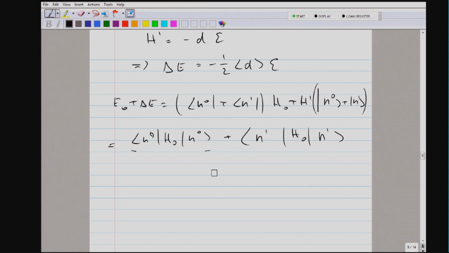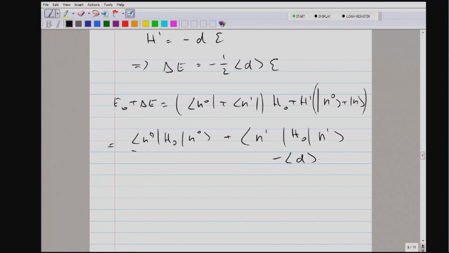So this is the part due to H naught, and the part due to H prime is simply the dipole moment times the electric field.